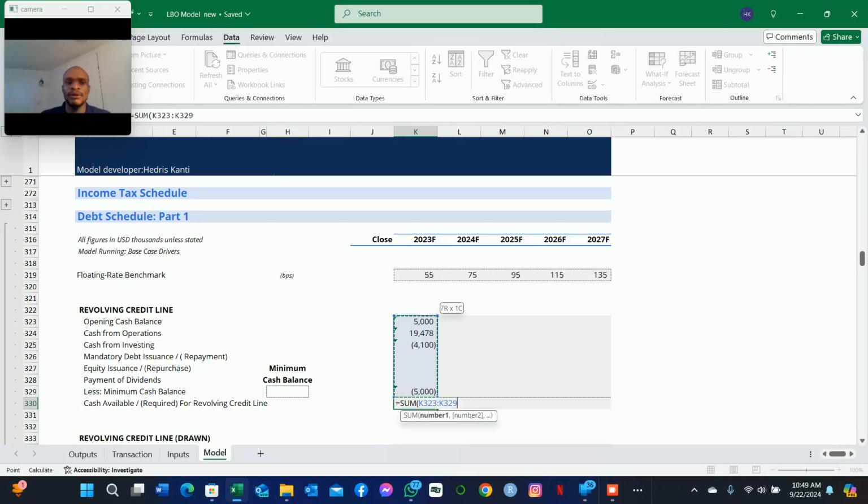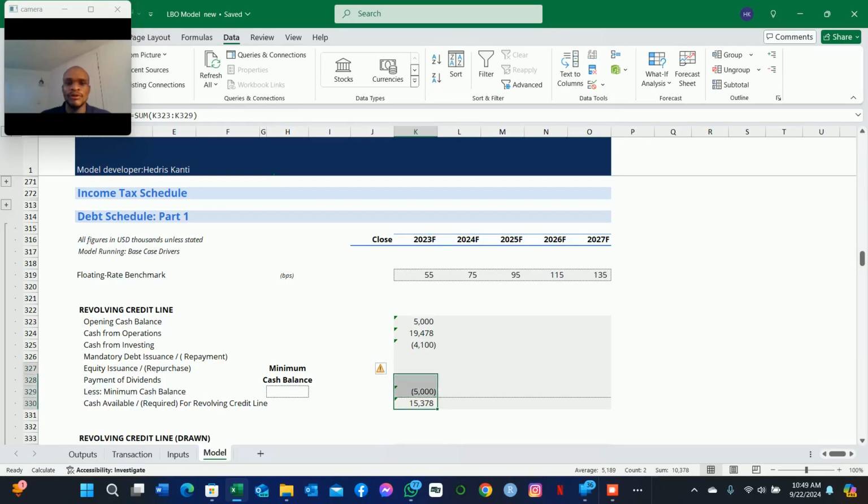So we will adjust all of those, and then whatever is left will be used to pay down the revolver going forward, and also will be used to pay down the other tranches of debt. So that's exactly what we are doing here.